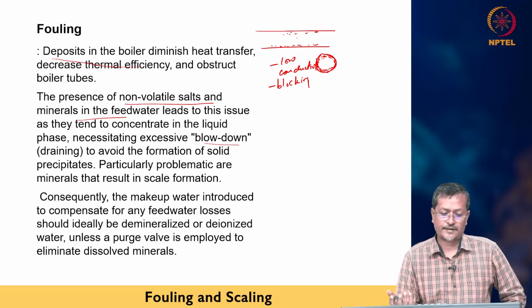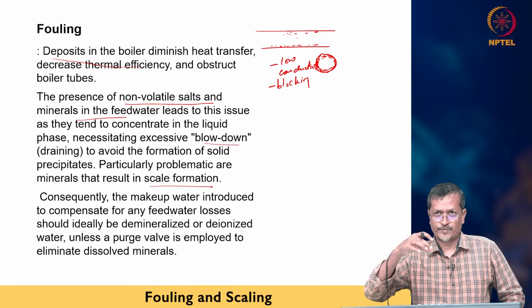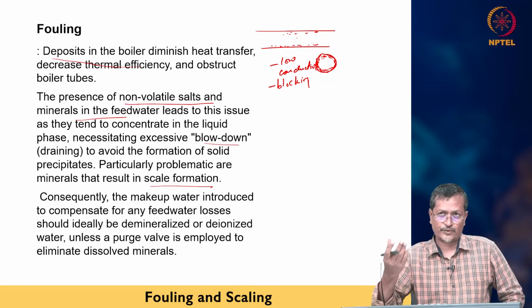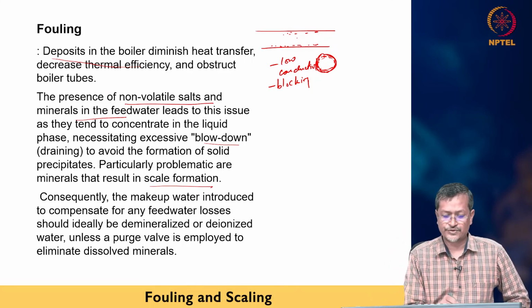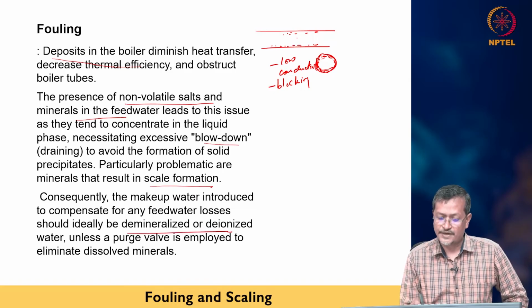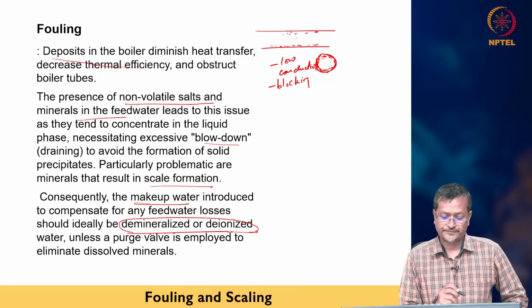Particularly problematic are minerals that result in scale formation. Inside the pipe there will be scale formation, almost a strong metallic thing, but heat transfer rate will be lower and it will be blocking. So that is a negative thing. The makeup water introduced to compensate for any feed water losses should ideally be demineralized or deionized. This makeup water.